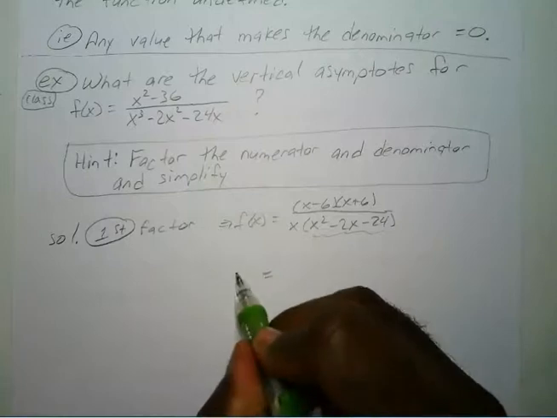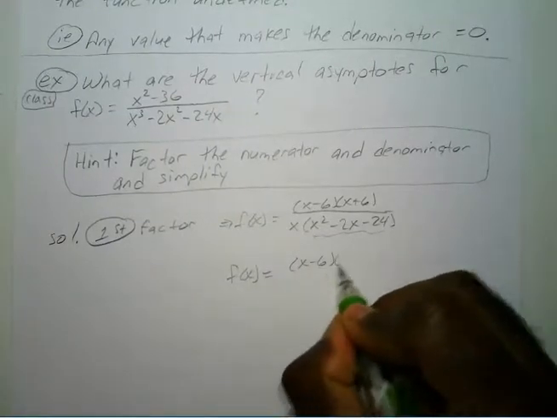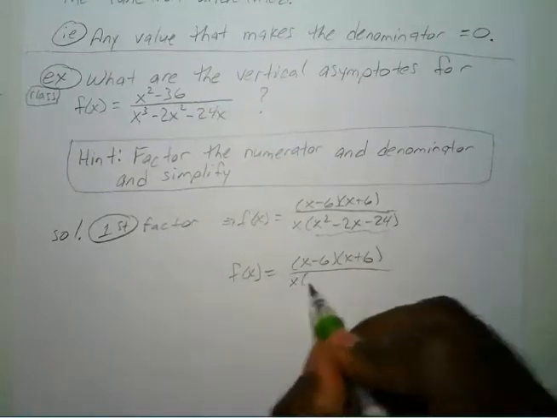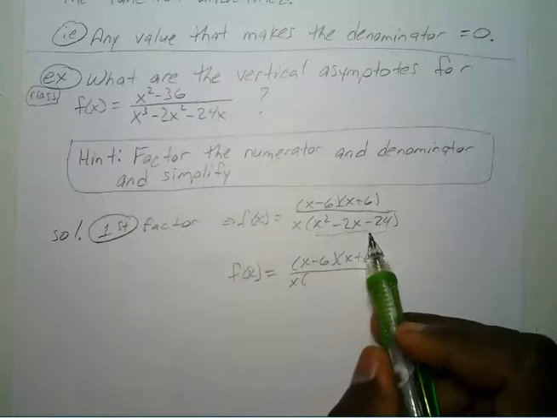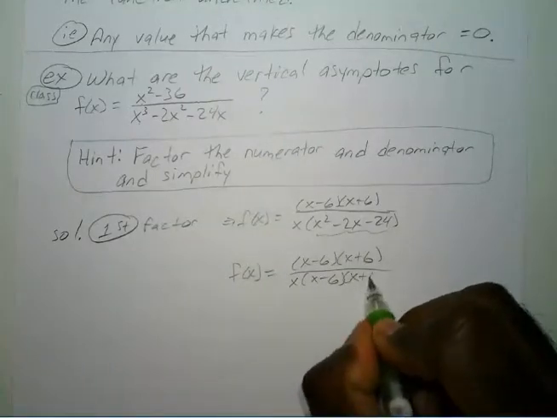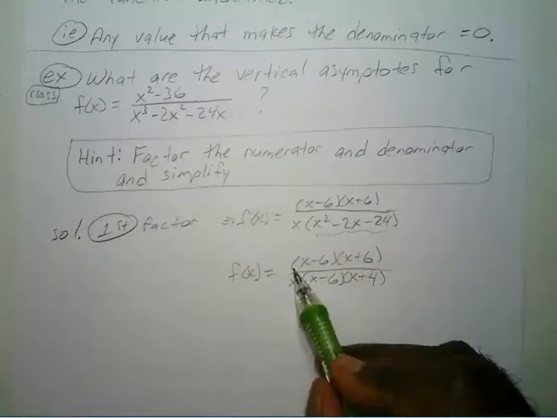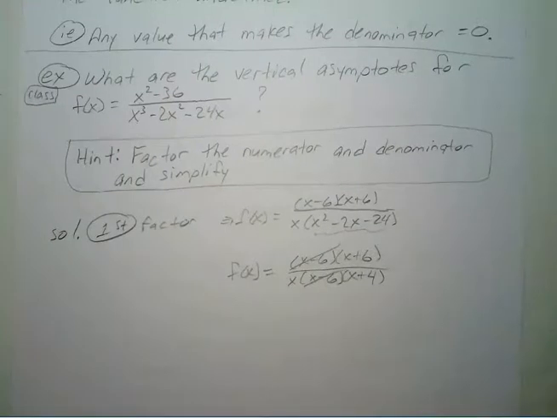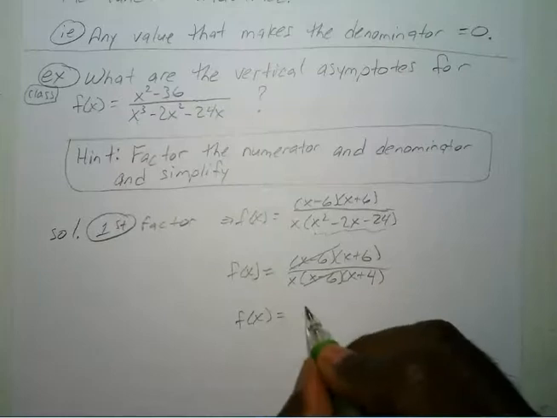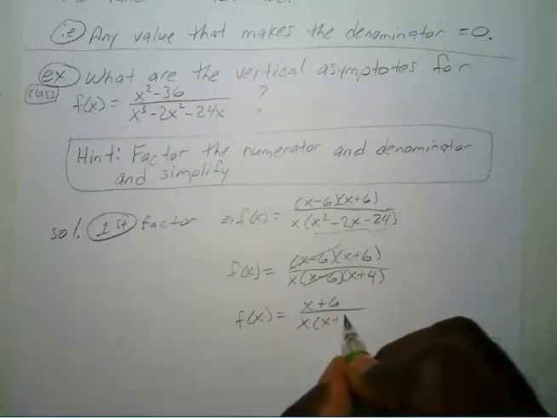So that's going to equal x minus 6, x plus 6, all over x times, and this factors out to x minus 6 times x plus 4. And we see here the x minus 6 cancels out. So our f of x is equal to x plus 6 over x times x plus 4.